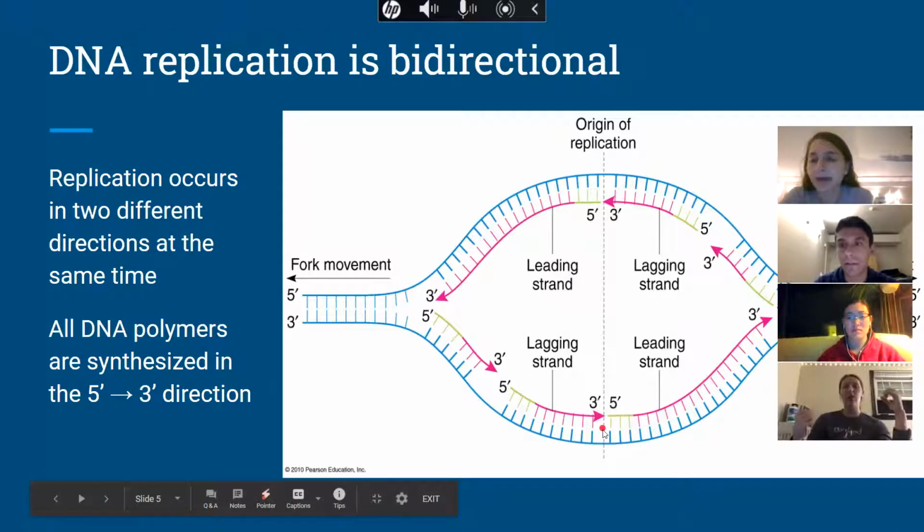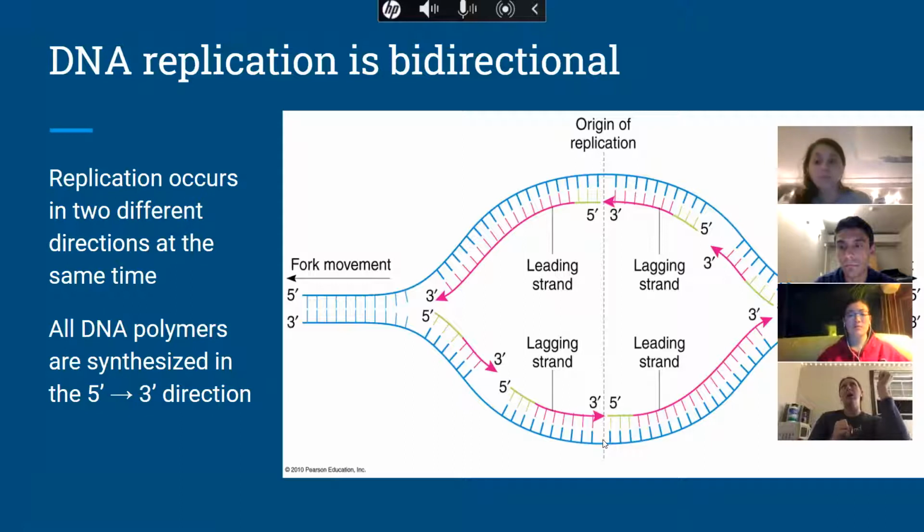Yeah, exactly. Okay. And if they're located there, do they ever move, or do they stay right there at the origin of replication? And if so, how are they incorporated with the lagging strand? I know we haven't gotten there yet. I'm just curious how that operates based on the diagram.